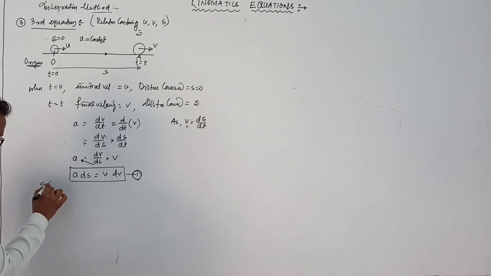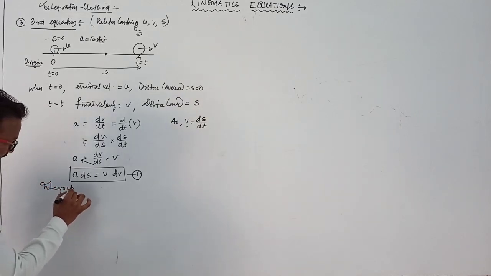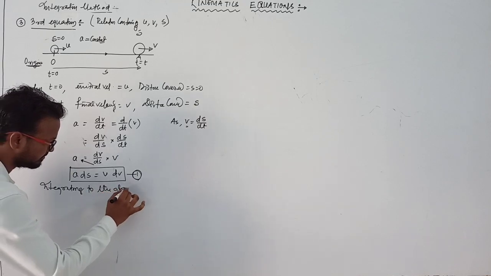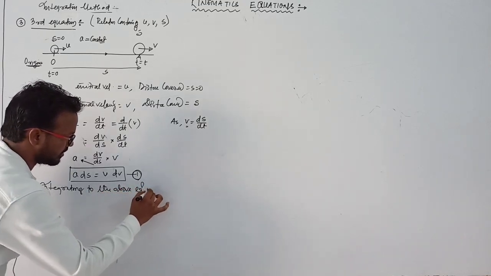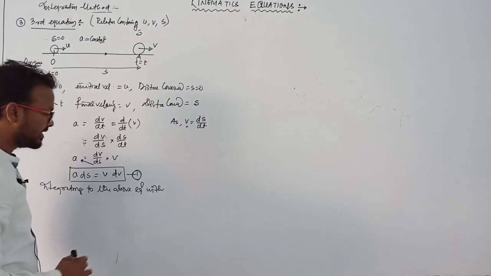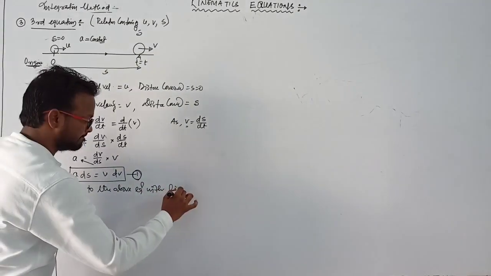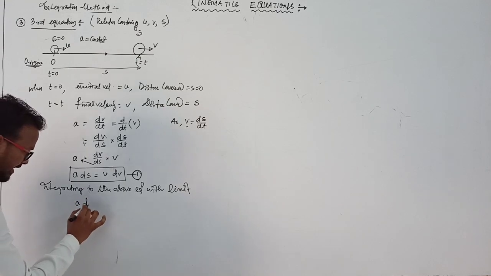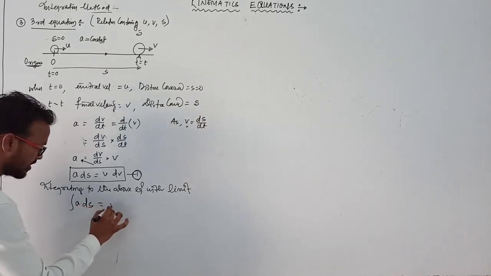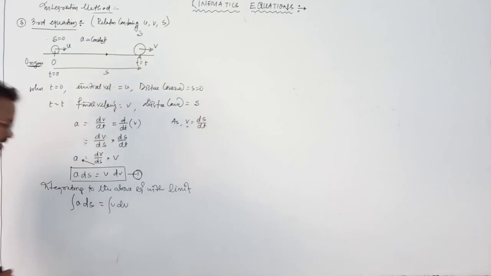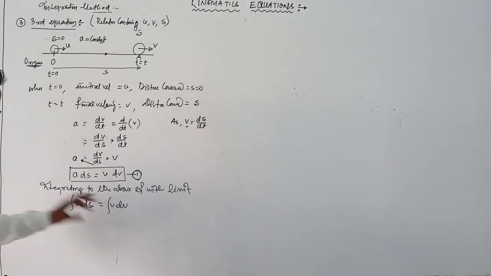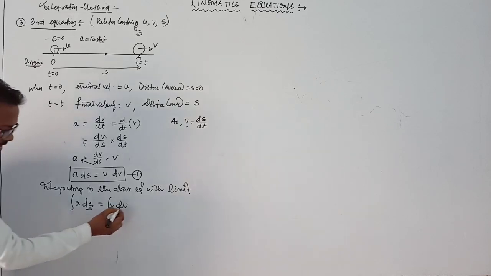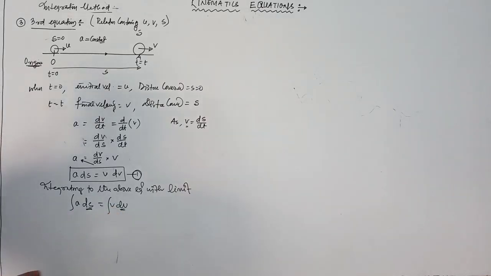Now integrating the above equation with limits, we can write integration of a ds equals integration of v dv. Clear? And we have to use a limit here, because here the variable is ds and here the variable is dv.